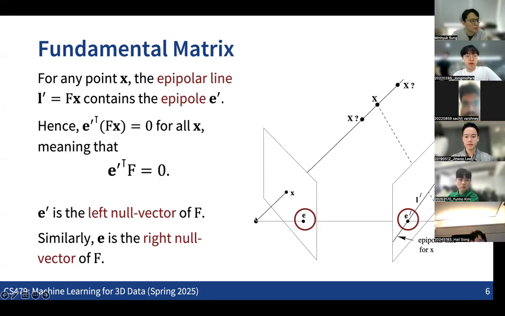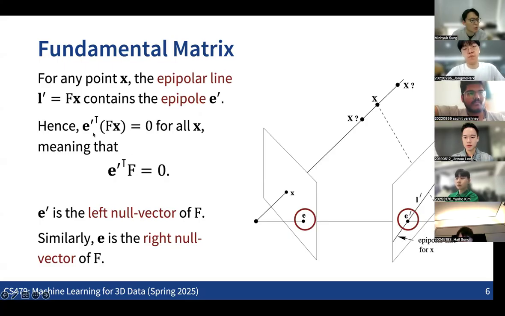And based on that, what we can also see is that the epipole in the second image can be calculated as the left null vector of this matrix, because we know that for whatever point we have in the first image, all the epipolar lines should pass through the epipole here.